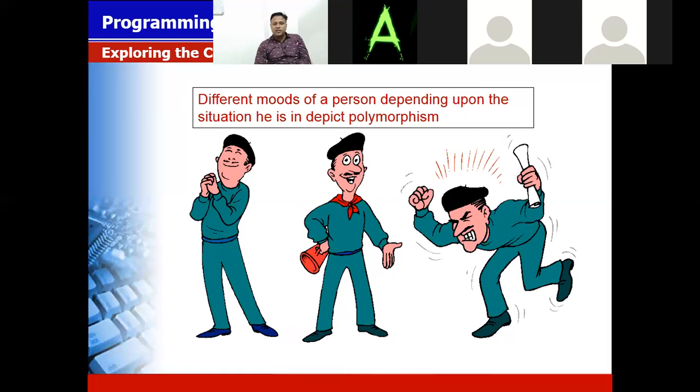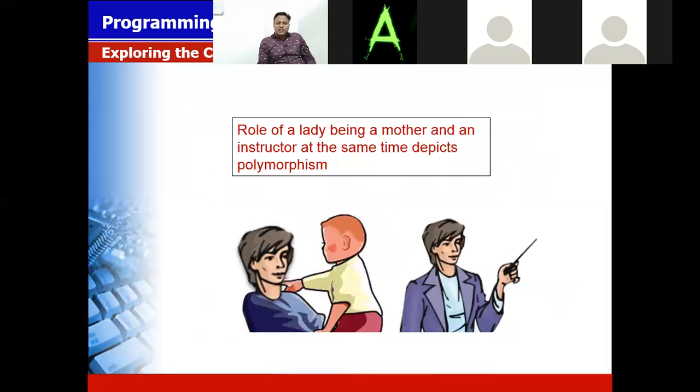So it describes dynamic polymorphism. Okay. Static polymorphism: the role of a lady being a mother at home, an instructor when she is in a study environment or in a college at the same time, which displays the dynamic polymorphism.